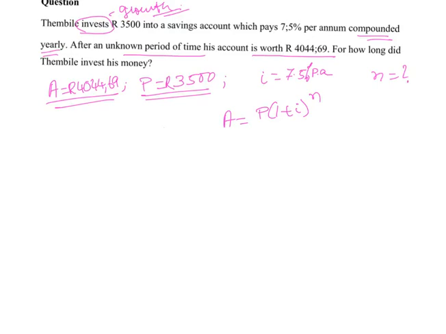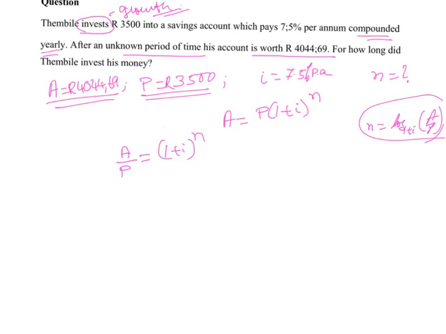Some textbooks will give you the formula directly, or you can deduce it. So A divided by P is equal to (1 plus i) to the power of n. Remember, I have not made any substitutions. First I will make n the subject of the formula.